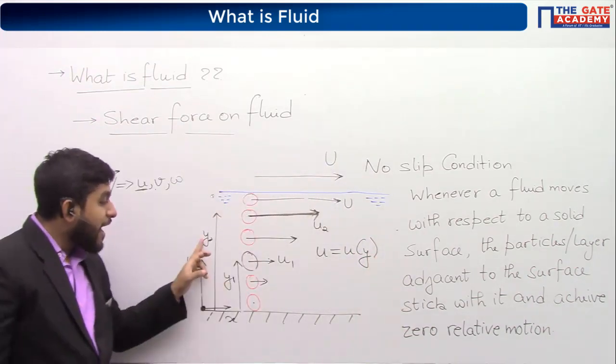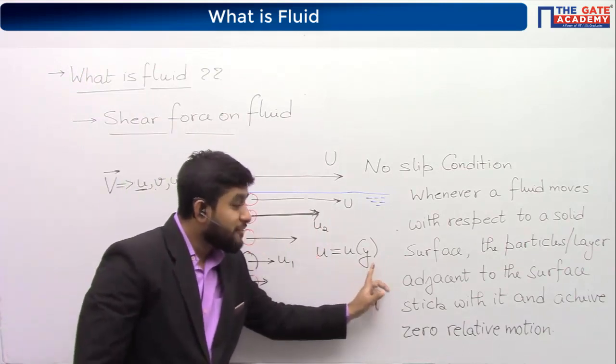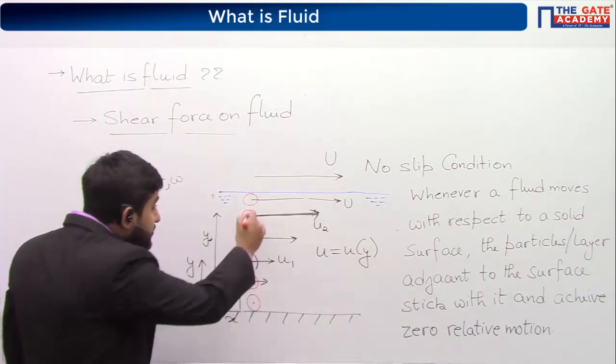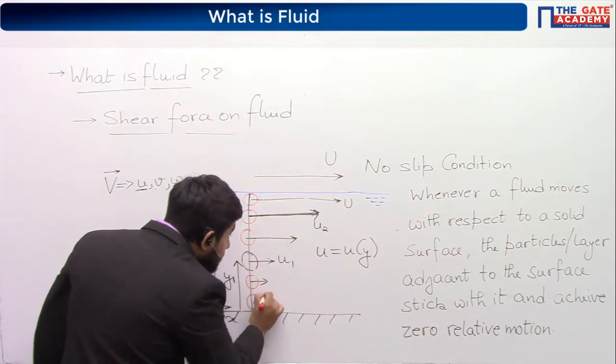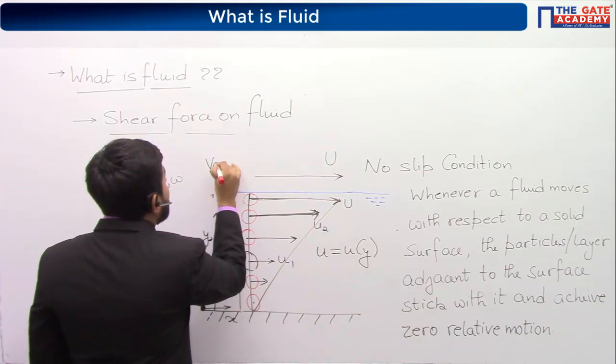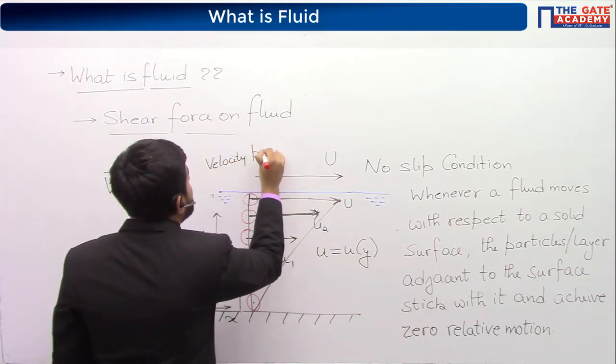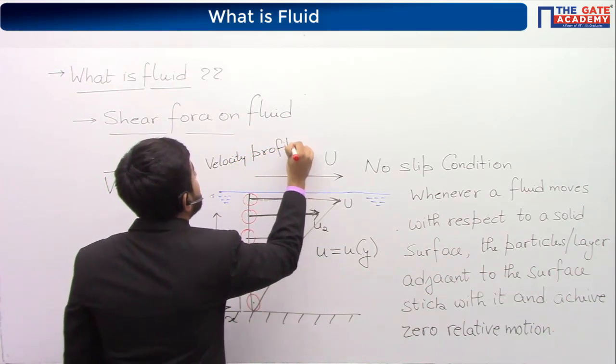If the value of y is different, the value of u will also be different. So u is a function of y. And this figure which you are drawing is known as the velocity profile, or as someone very well said, velocity distribution. But the better name is velocity profile.